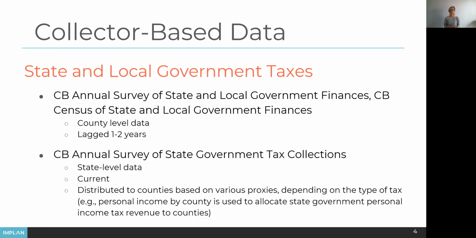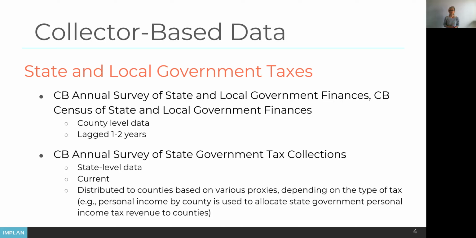And then an analogous one, it's basically the same data set, but it is the census of state and local government finances, and that comes out every 5 years, and it does cover all units of government. So these are county level data, which is great, but they are lagged.